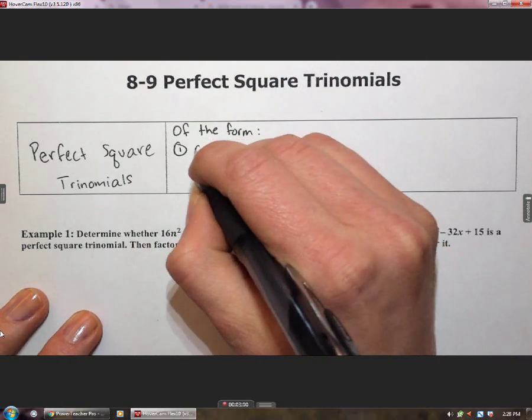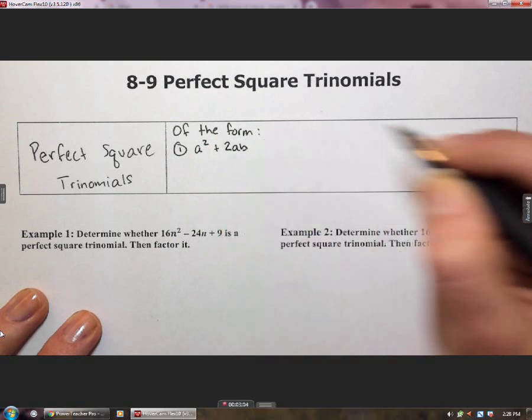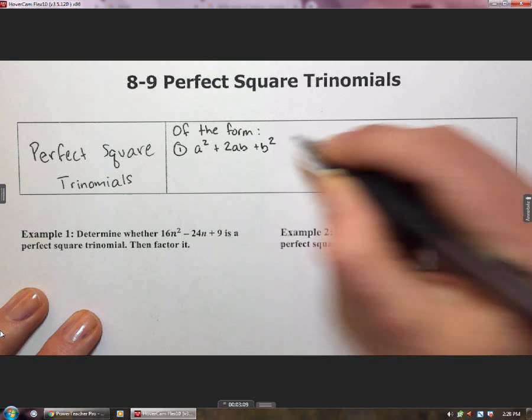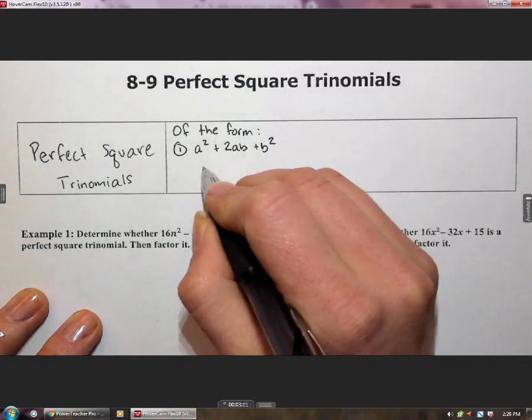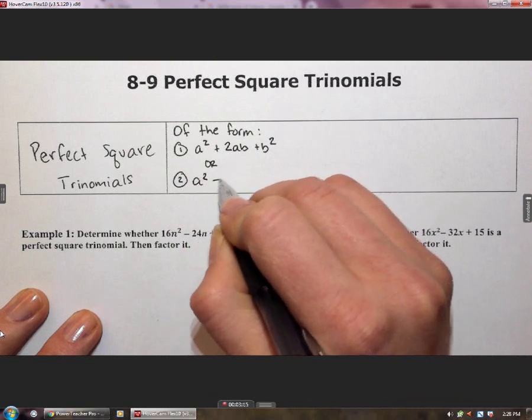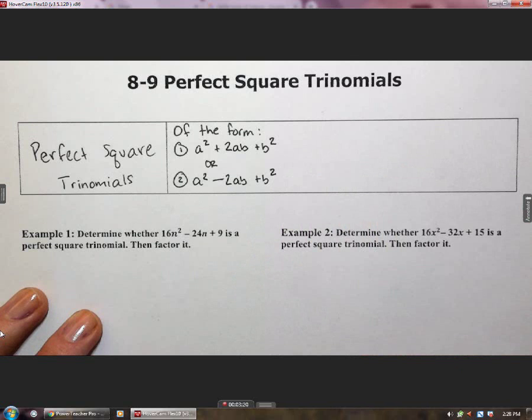It's either a squared plus 2ab plus b squared, or it's a squared minus 2ab plus b squared.